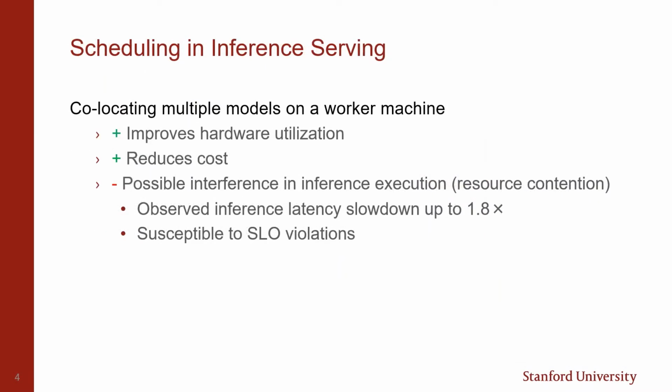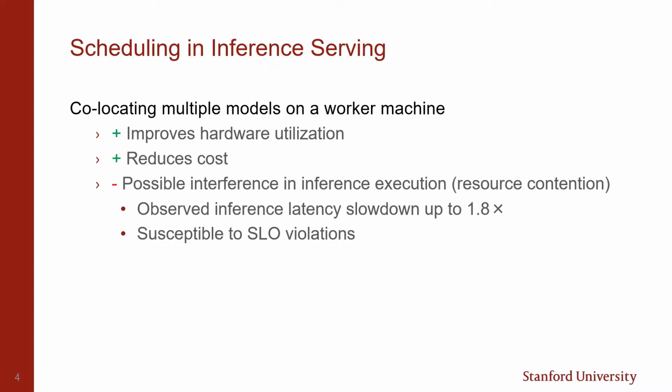One tool that's commonly used in inference serving systems is collocation. Essentially, collocation is placing multiple models on the same worker machine. The reason why we do this is that it improves hardware utilization and in turn reduces cost. However, the downside to collocation is that the collocated models may interfere with one another through resource contention. This can cause inference latency degradation.